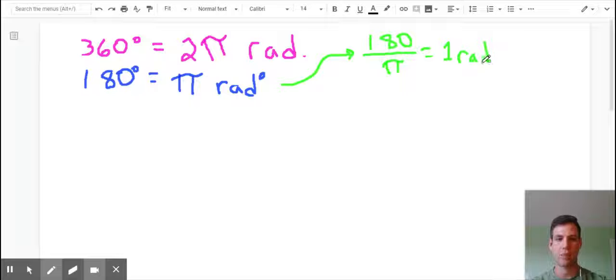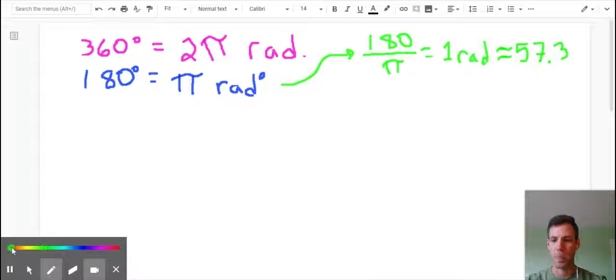It's not incredibly important, but we could put that into any calculator and figure out that 180 divided by pi is about 57.29 degrees, or 57.3 degrees. We could write that over here, but it's not something you're going to need to know off the top of your head at all.